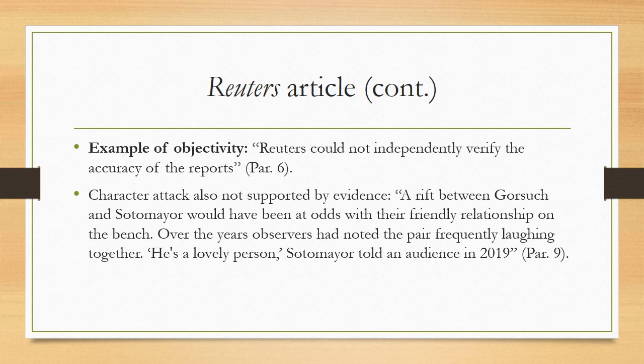They say a rift between Gorsuch and Sotomayor would have been at odds with their friendly relationship on the bench. Over the years, observers had noted the pair frequently laughing together. "He's a lovely person," Sotomayor told an audience in 2019. So this to me gets at what I was saying about digging deeper and seeing why NPR would make up that report.